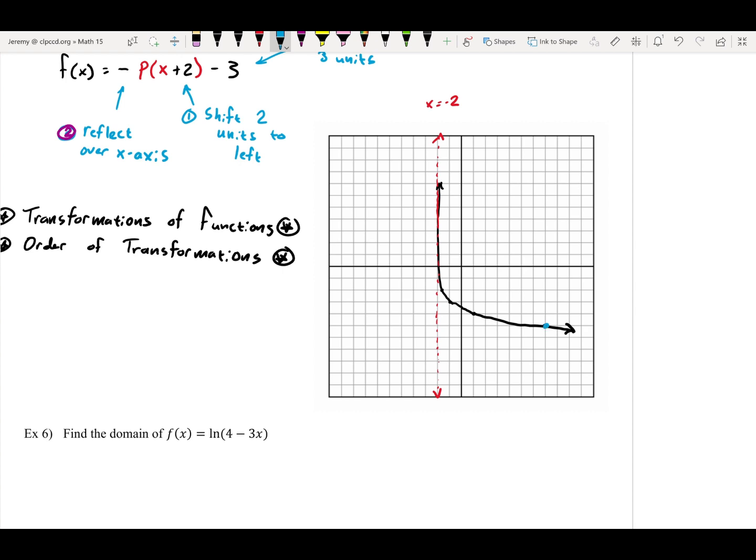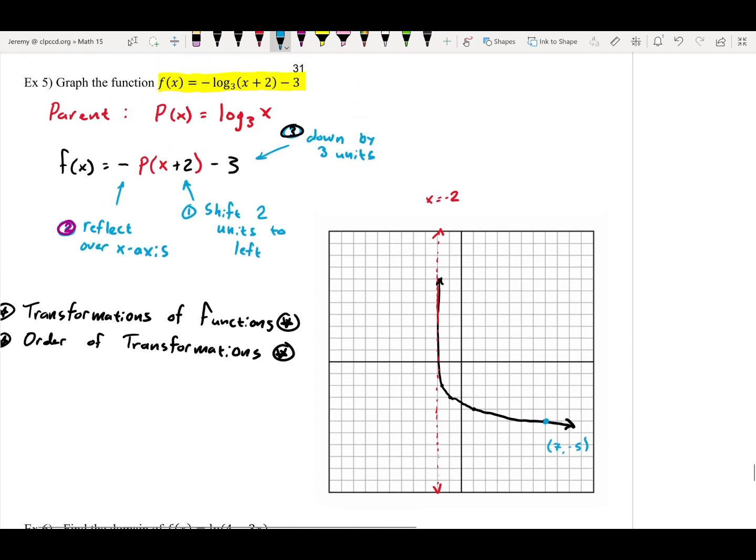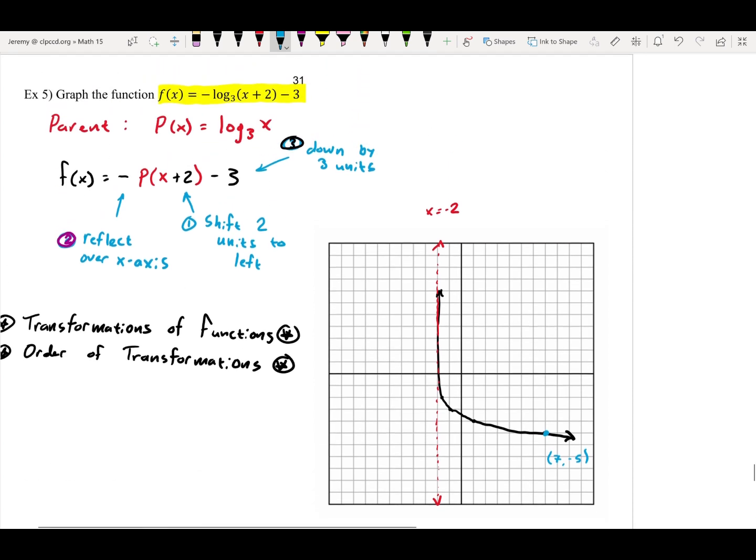Sometimes I'll just find an ordered pair on the graph. So that's the ordered pair, let's see, 2, 4, 6, 7. So that's the ordered pair (7, -5). One way that you could check your work is if I plug 7 into my original function, I should get out -5. So this is sort of a check.